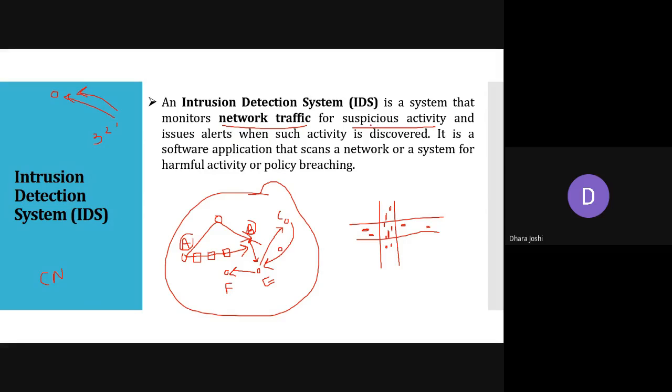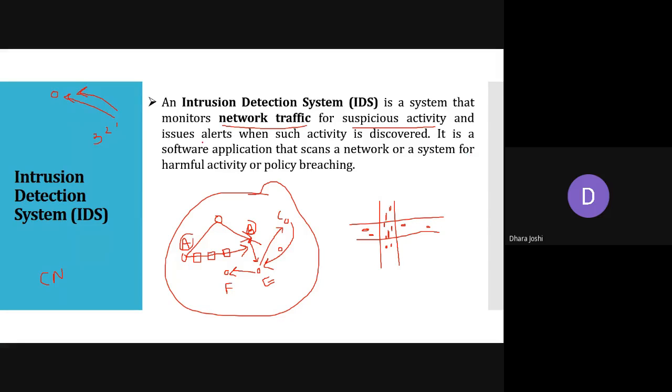So if any suspicious activity is found, then it will issue an alert. If the network IDS has found that this kind of suspicious activity is going on inside the network, then it will call the network administrator and give alerts like: check your network again, there might be some problem.